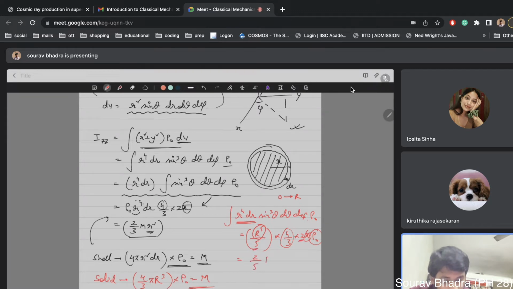So 2/5 m, and r square will be there, because you have taken r cube. So this is the moment of inertia of a solid sphere, 2/5 m r square, and this is for the shell, that is 2/3 m r square.